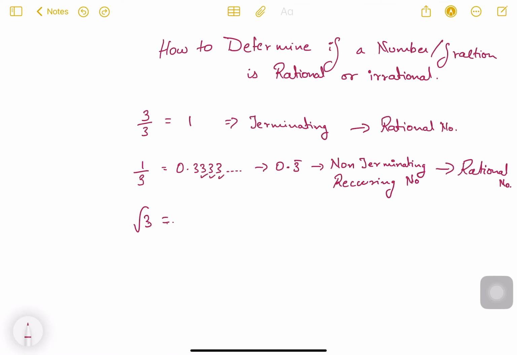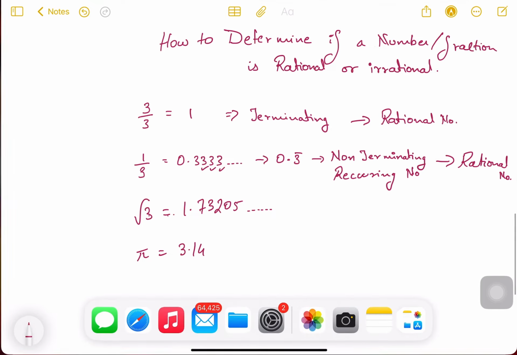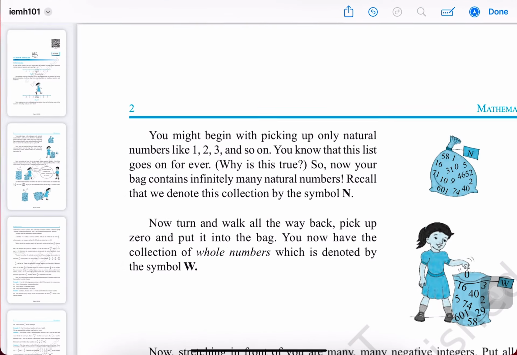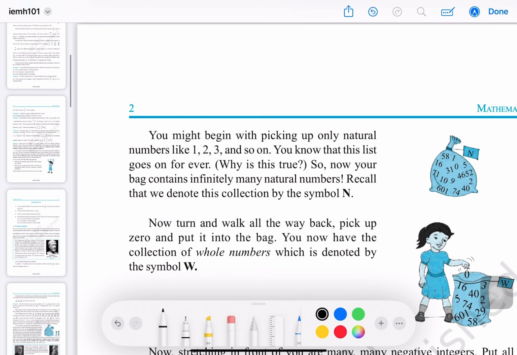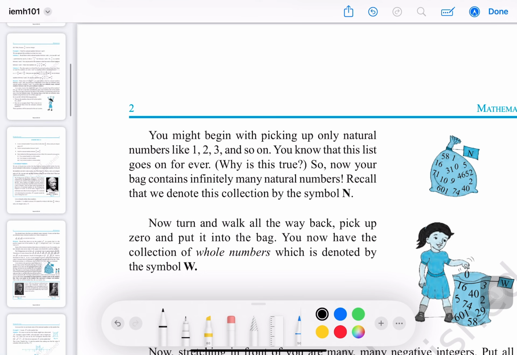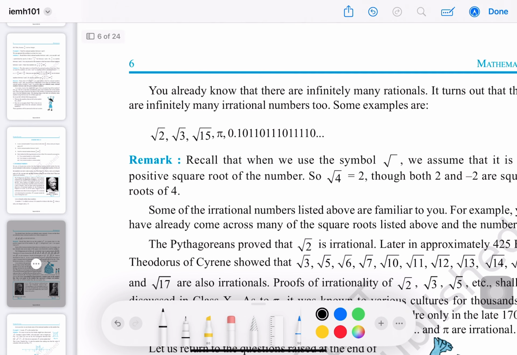Anyways, the value is 1.73205 and it keeps on going. For that matter, pi is 3.14 which we know, but it keeps on going. Either you can have a look with the help of your calculator, or we can see here the values.